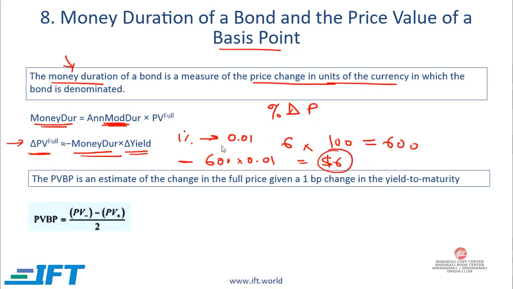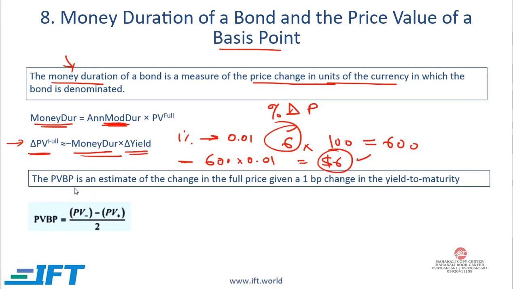Given that I used a par value of 100, 6 and 6 are the same numerically, but this 6 is a percentage and this 6 is a dollar value. We'll see a more detailed example on the next slide.